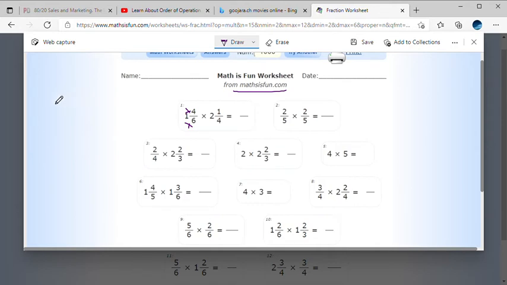So we'll have 10 over 6, and the denominator stays the same. 6 times 1 is 6 and you add 4, that's 10. We do this for all the mixed fractions. In this case, we'll have 4 times 2, which is 8, plus 1, which is 9. So we'll have 9 over 4.